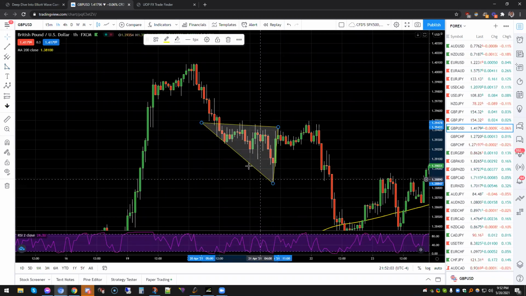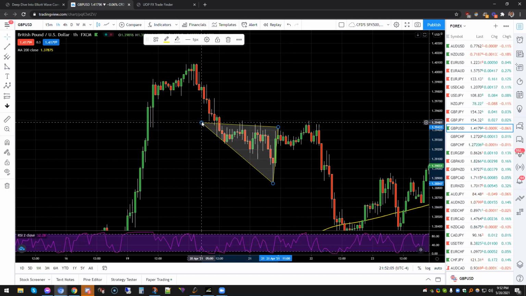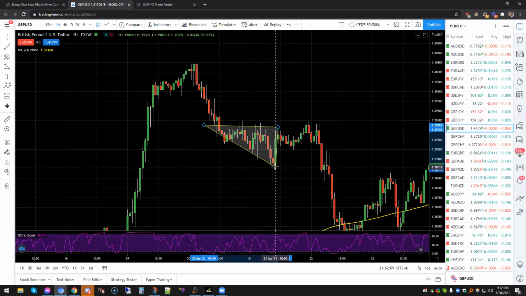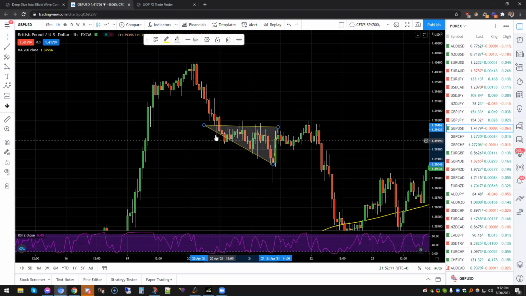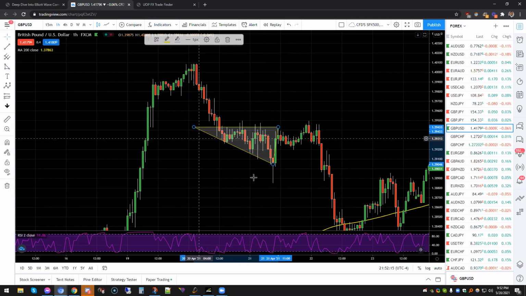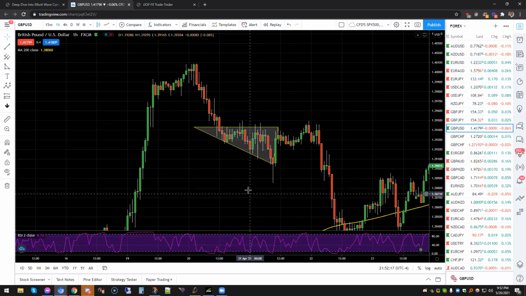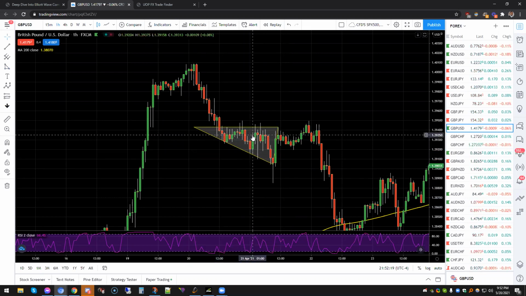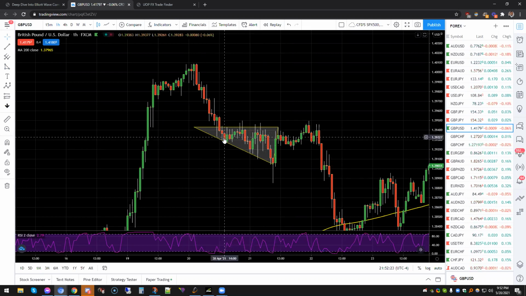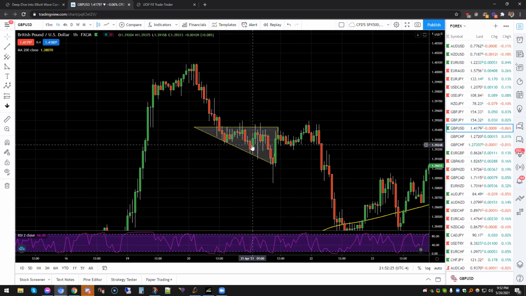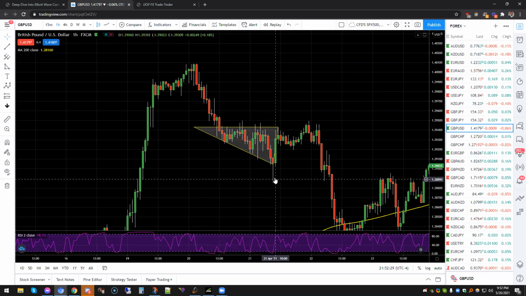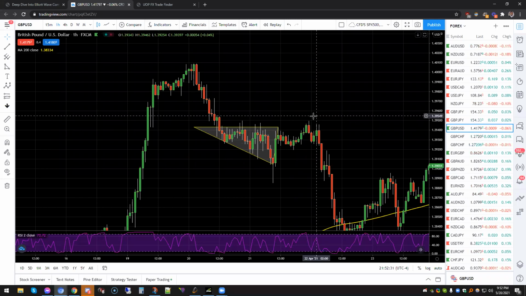This is another formation that, if we can do it like this, right, to make it more like a diagonal formation. Right? A lot of traders will look at this type of price action and they will say that this is an expanding triangle. So 1, 2, 3, 4, 5, it pushes down, then pushes back to the upside.